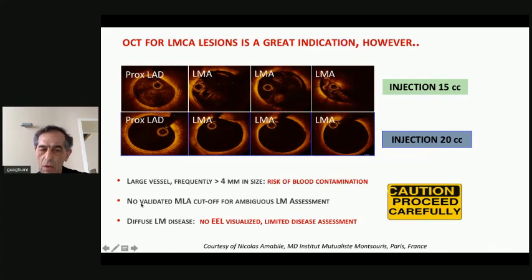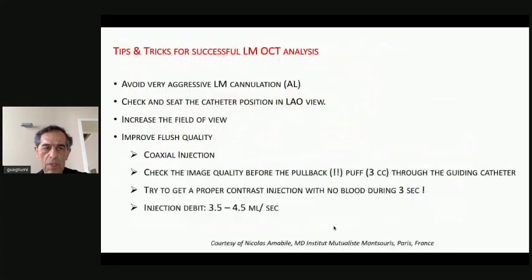Then there is no validated MLA cutoff for ambiguous left main assessment. For diffuse left main disease, OCT cannot be ideal because you cannot visualize the EEL, and so you have a limited disease assessment. So in any case, the ostium and the short left main, in my view, are for IVUS instead of OCT.